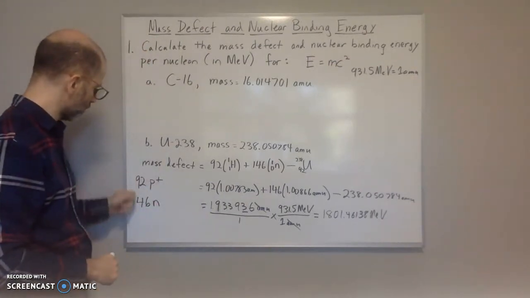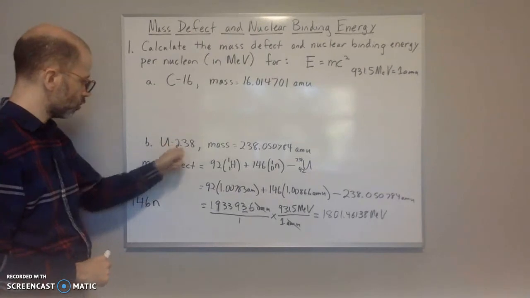So we're going to have to divide by the total number of nucleons, which is 238.